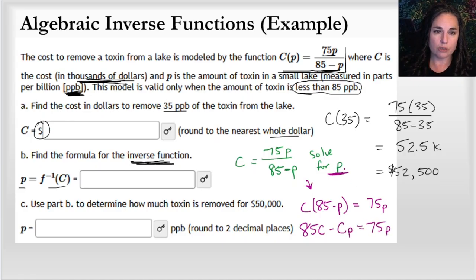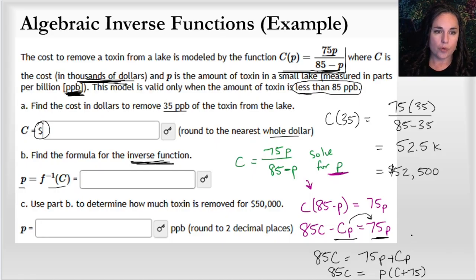Remember, we're solving for P, so we're going to have to get the P terms together. This is a P term here, and this is a P term here, so I'm going to move this over to the other side. So I get 85C equals 75P plus CP. I'm going to factor a P out of both of those terms and put C out front. I like putting the constants and variables out front.